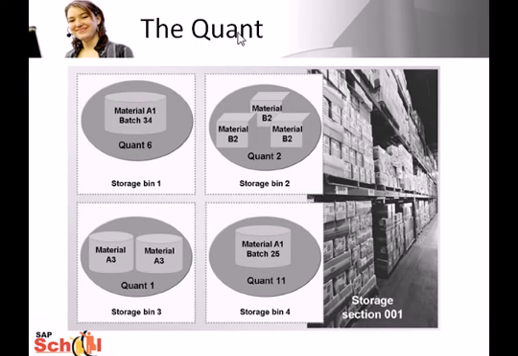Now we come to the concept of the quant. In SAP, the contents of a storage bin is called a quant. A quant is a material quantity in a storage bin. In the warehouse management system, materials can be viewed and moved in quants only. The actual material number is irrelevant, as is the unit of measure.